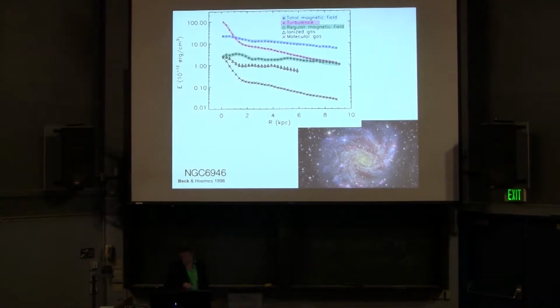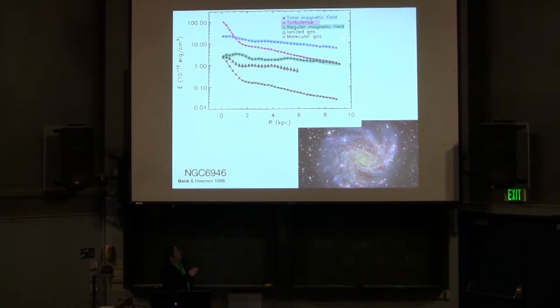One particularly nice graph I like is from this older work by Rainer Beck that nicely shows in this galaxy, as a function of distance, azimuthally averaged, the different contributions of all these different energy densities. So you've got molecular gas, where of course the thermal energy is very low. Going up, you have the ionized gas. Okay, the thermal pressure still doesn't contribute that much. The regular magnetic field here already dominates the thermal pressure of the ionized gas.